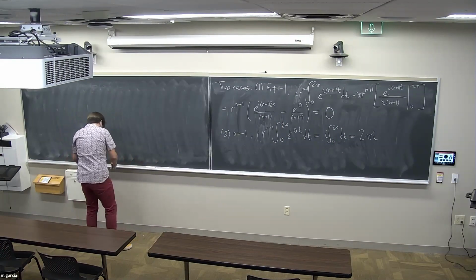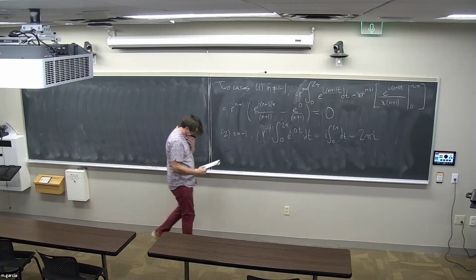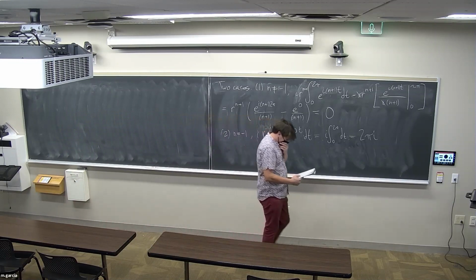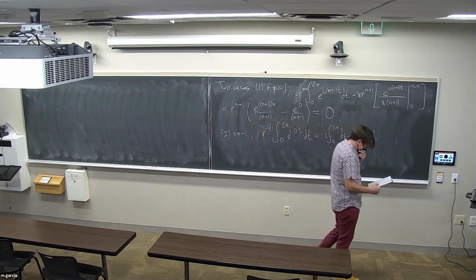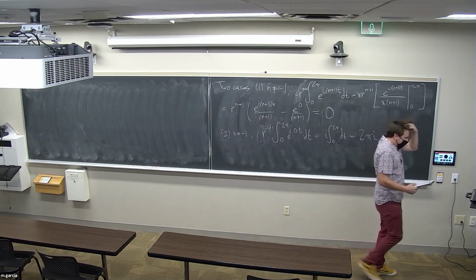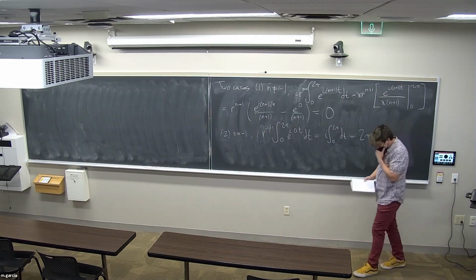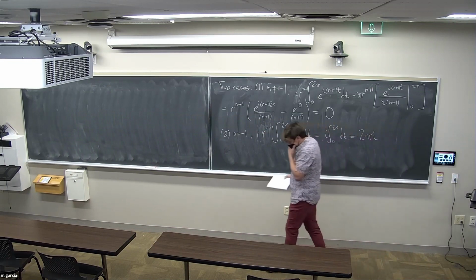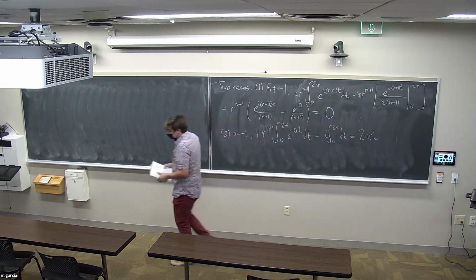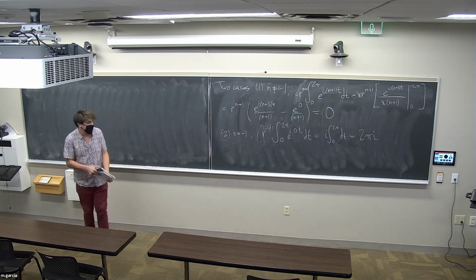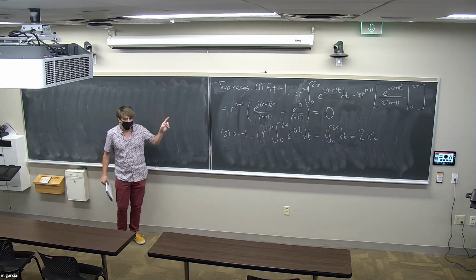Okay, so far we've been talking about only a single directed smooth curve. Let's talk about contours in general. I've only mentioned gamma, single gamma so far.